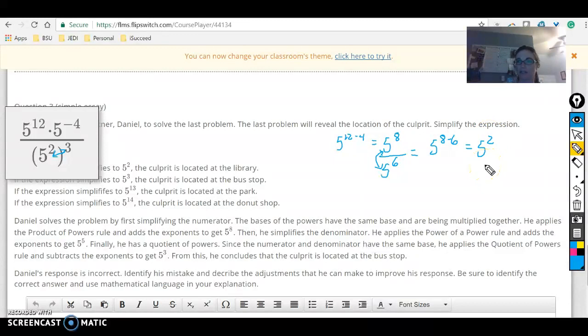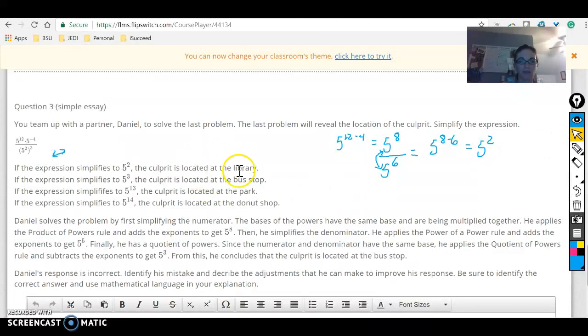Okay, so it looks like, according to this, the culprit is in the library. So Irvin Morton was in the library, or is in the library, and he is our culprit who stole the power. Okay, so we know that.